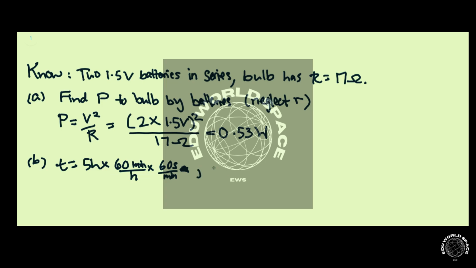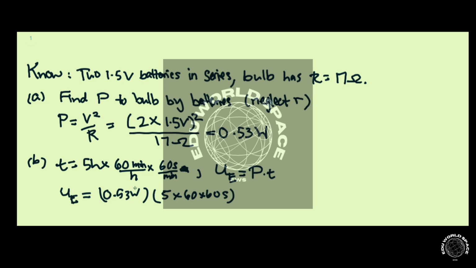So we want to know what energy is delivered. So energy is power times time. So we have found the power in part A, and then we have written out the time here in this long expression. So U_E, which is the electrical energy delivered to the bulb, is 0.53 watts times 5 times 60 times 60 seconds.